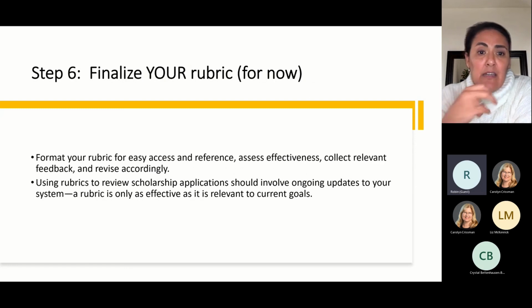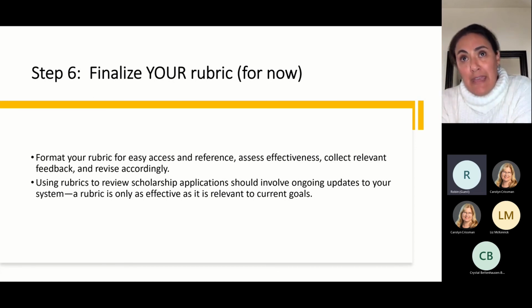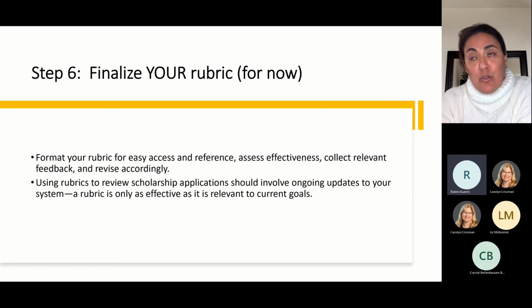And then lastly, to finalize your rubric, you want to make sure that you have it, and I said for now, because it's an ongoing update. You want to make sure that your rubric is mirroring the end goal, the final goal.